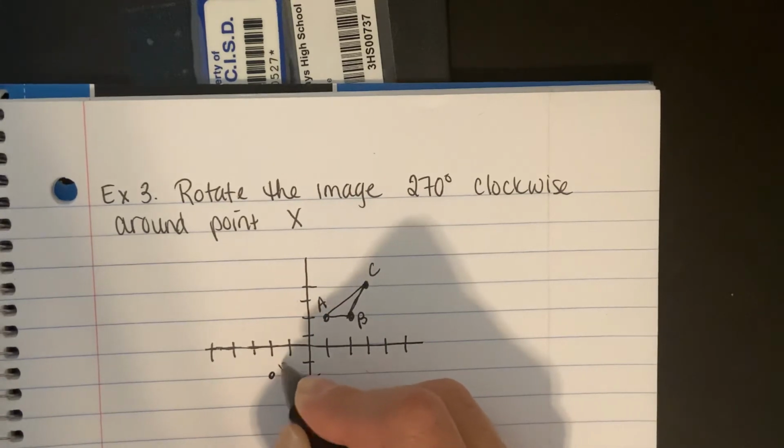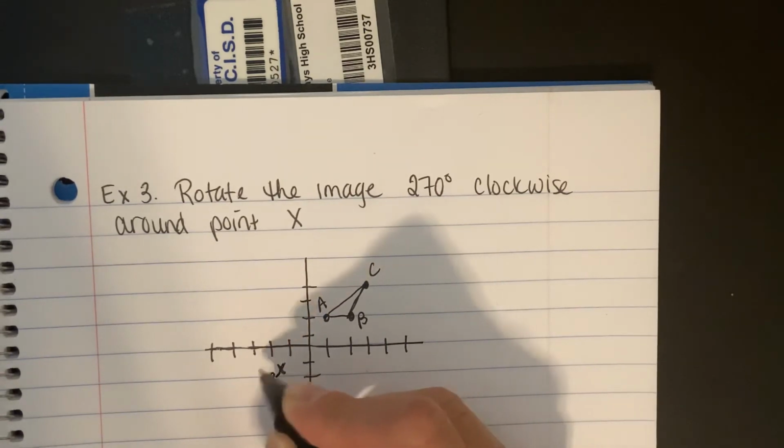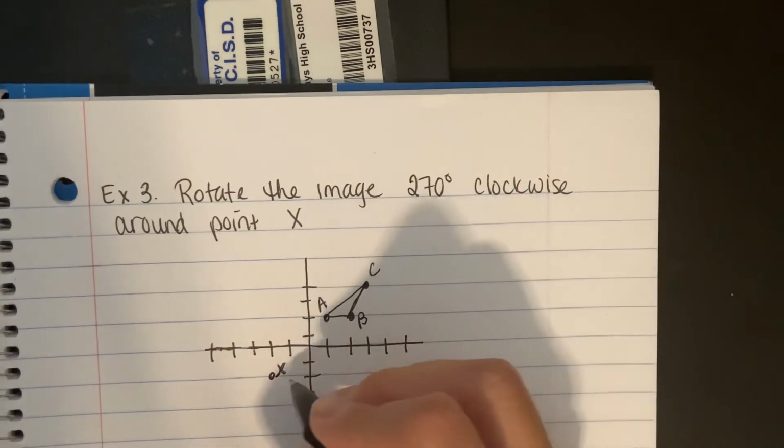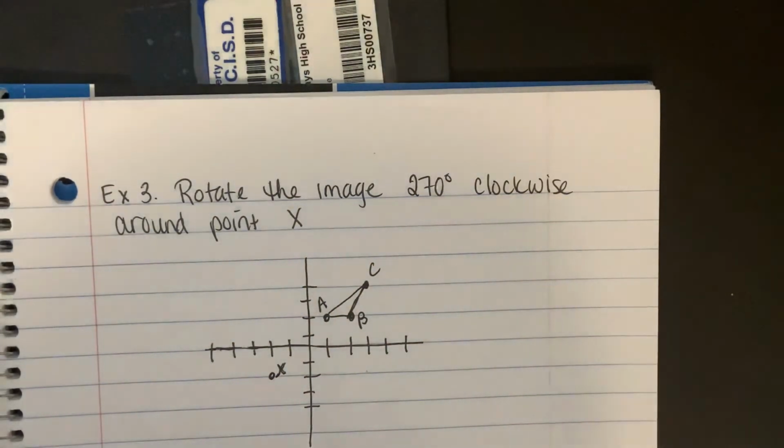We'll call this point X here. Actually, we might come off the graph a little bit, but that's okay.